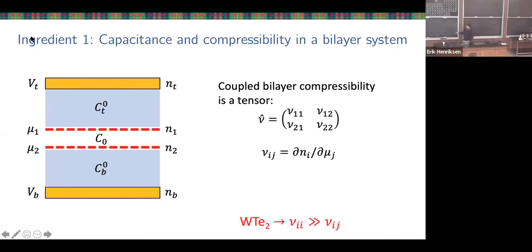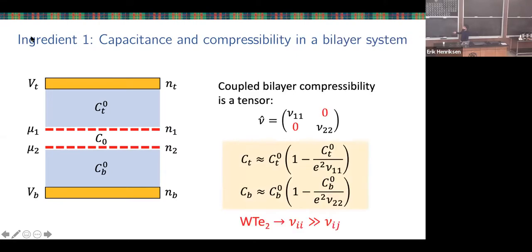Fortunately for us, and this is a self-consistent calculation, the compressibilities on the individual layers are much greater than the off-diagonal ones. So we can just take the individual compressibilities on the two layers and treat them as being independent in that sense.